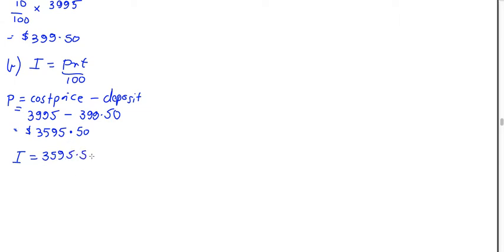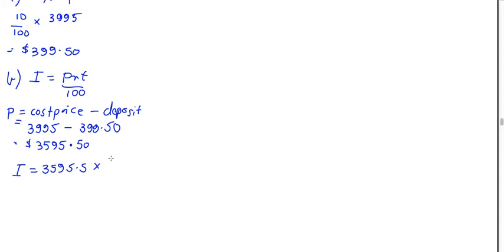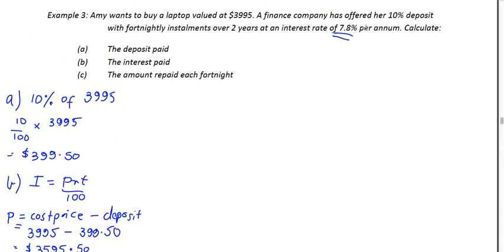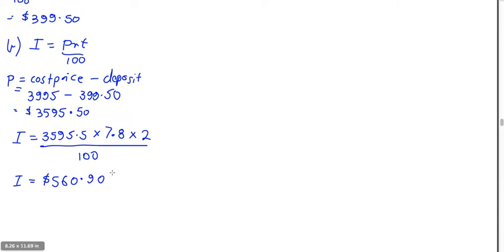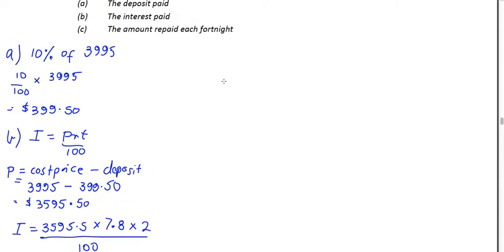So 3,595.5 times by the rate, again, I was about to say 5.3, 7.8 was this rate, by 2 years. So therefore the interest is $560.90. So a considerable amount again for this laptop computer.